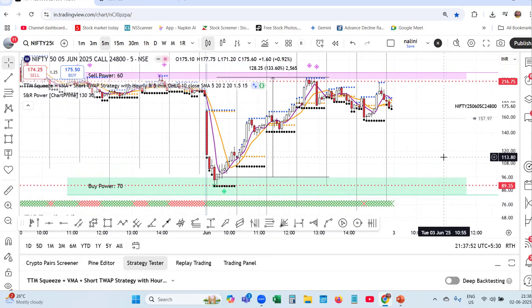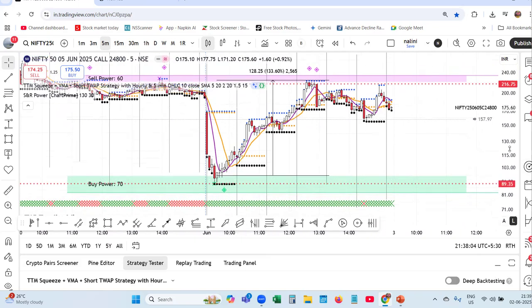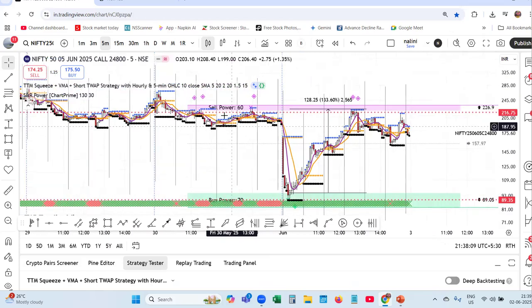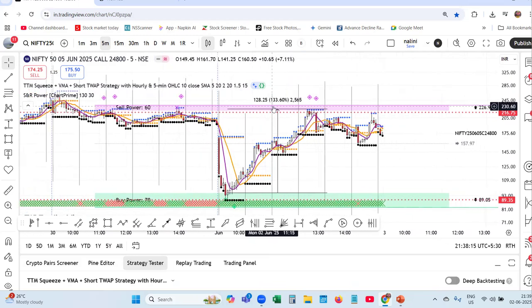Only some very aggressive people with practice enter into that. That is a bit risky, but it is a confirmation. Now once you have entered, this will plot resistance around this level. Sell power already starts plotting into the market.